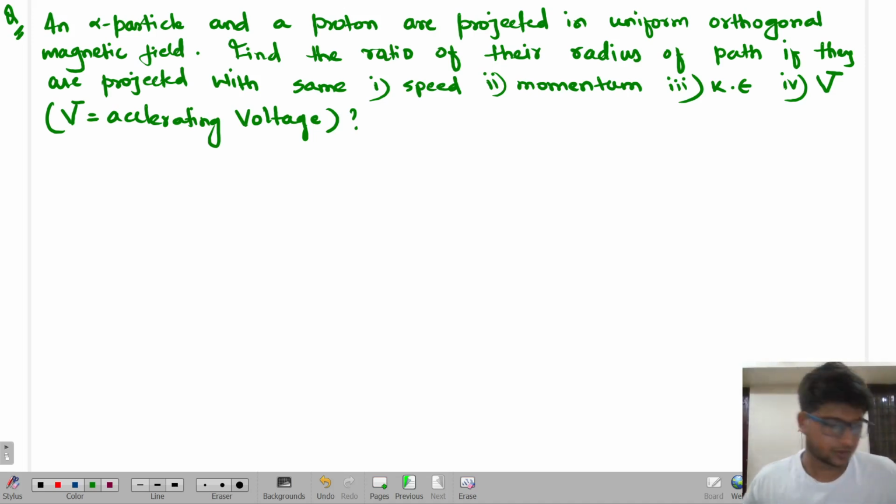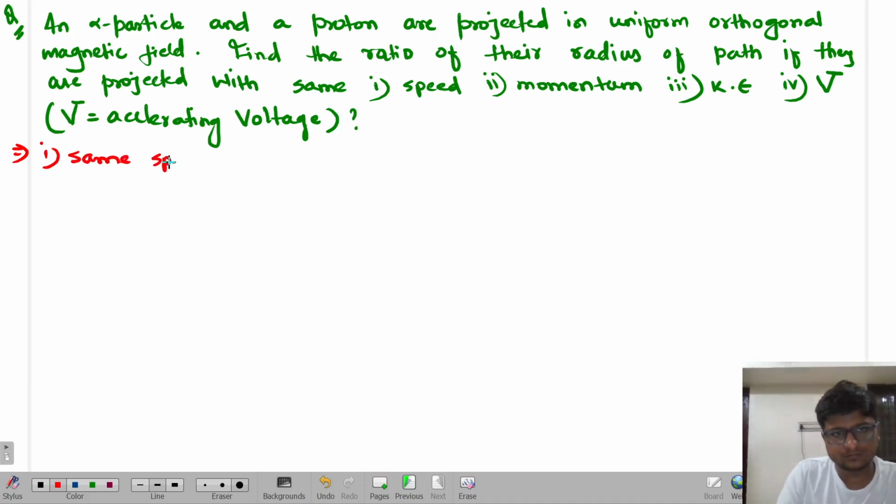Okay. Let us do now. First case, it is saying the radius of the path if they are projected with same speed. Radius of alpha particle and proton. First case, same speed. Now, we define radius of alpha by radius of proton.